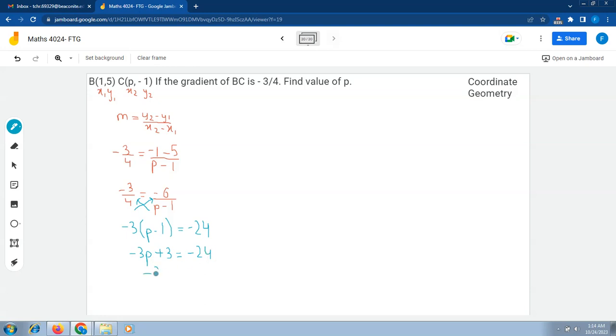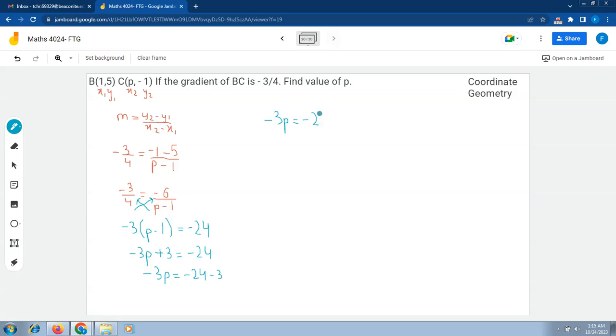This will be minus 3p, and this positive 3, when it goes on the other side, will become negative, minus 24 minus 3, and we all know that minus 24 minus 3 will give us minus 27. So the second last step will look like this, minus 3p is equals to minus 27.